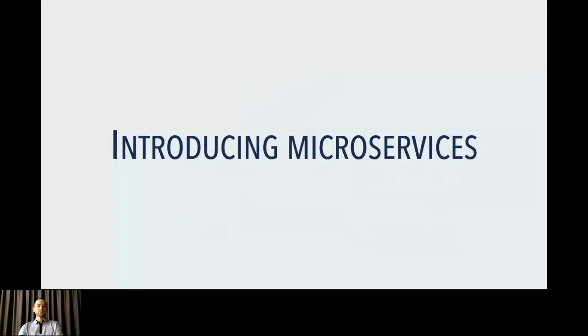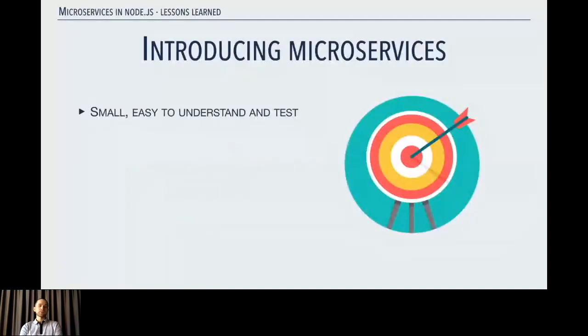So we would like to divide that application into microservices. And some known facts about microservices. So as we know, this is some common knowledge we can find surfing the internet. They are small, easy to understand, and easy to test applications.